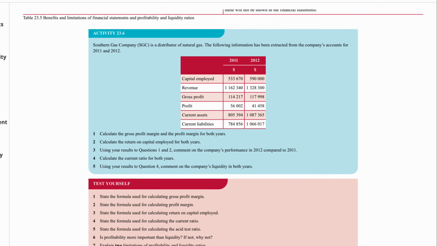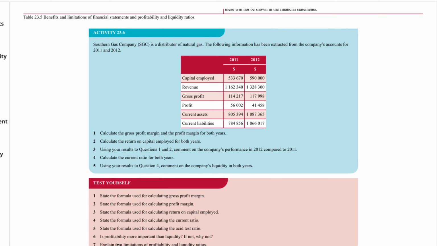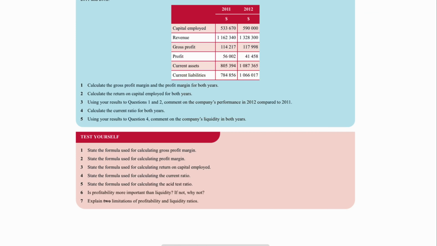Now let's go to test yourself. Let's go to the first question. State the formula used for calculating gross profit margin: gross profit over revenue times 100%. Number 2, state the formula used for calculating profit margin: profit over revenue times 100%.